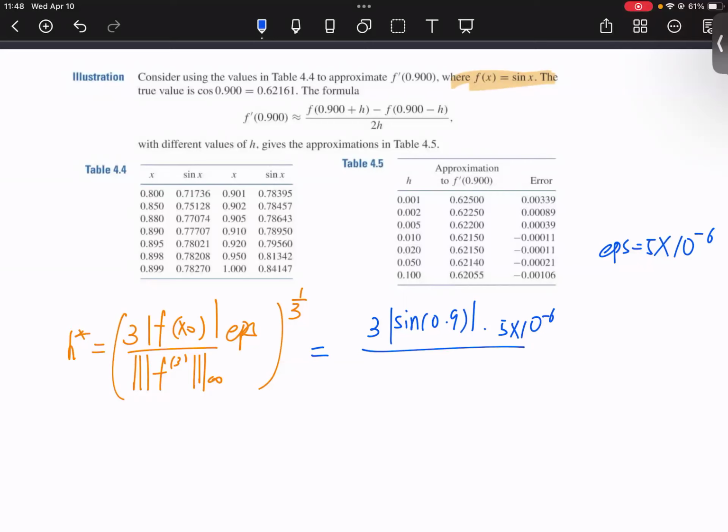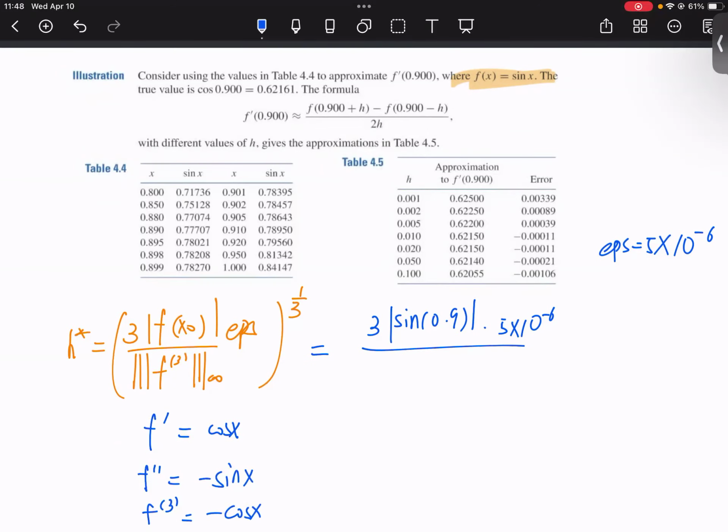The first derivative of sine is just cosine x, the second derivative is negative sine x, and the third derivative is just negative cosine x. So I'm going to take the negative cosine x and take the maximum over the interval. So we are considering the h values.